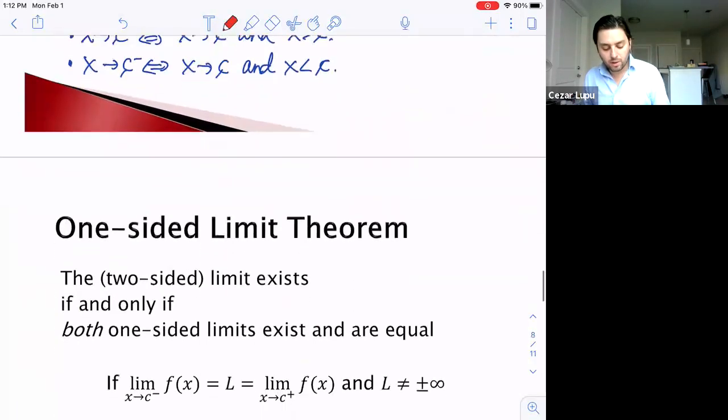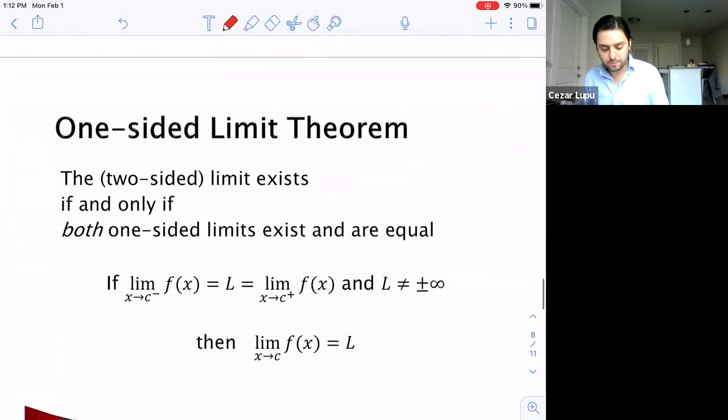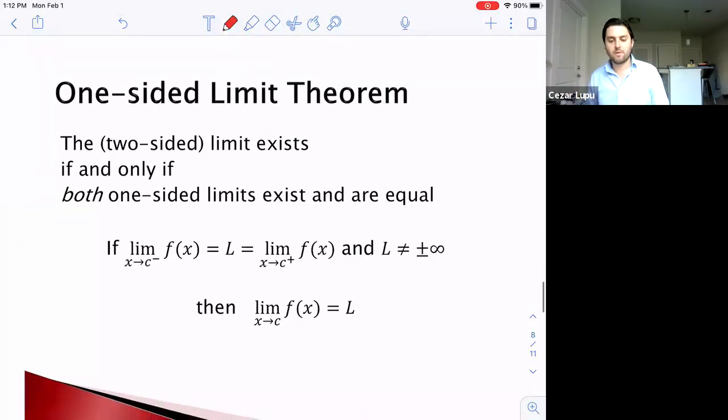And now let me talk about the one-sided limit theorem. The theorem says the following.